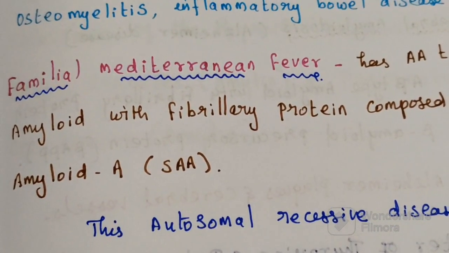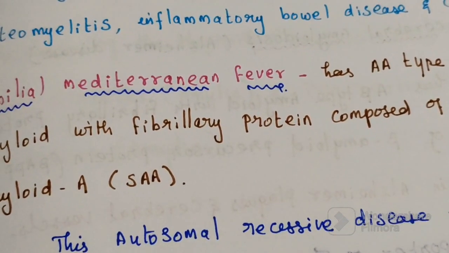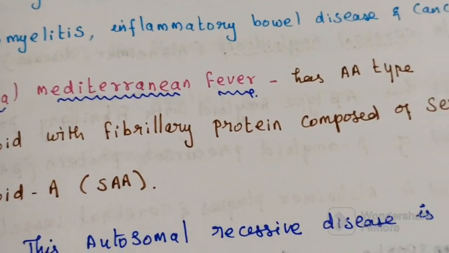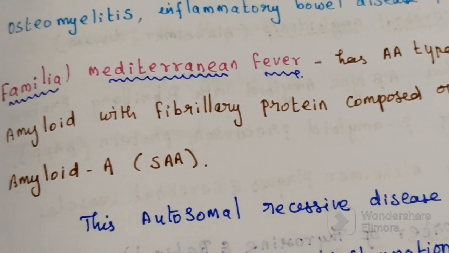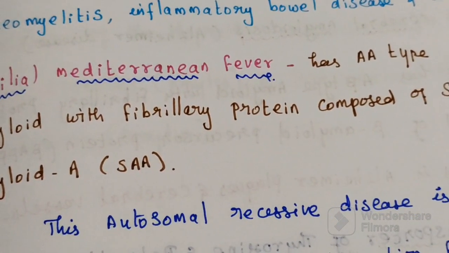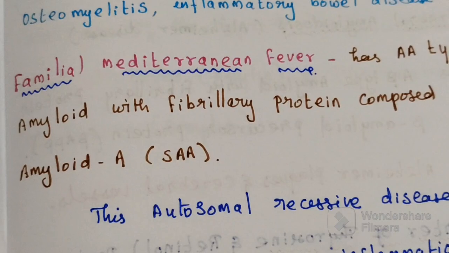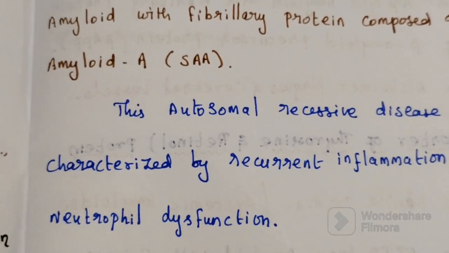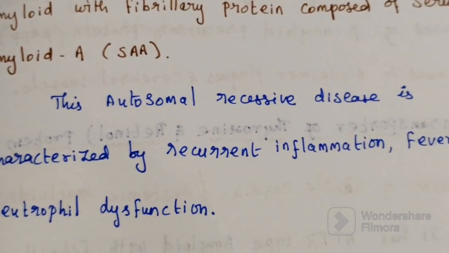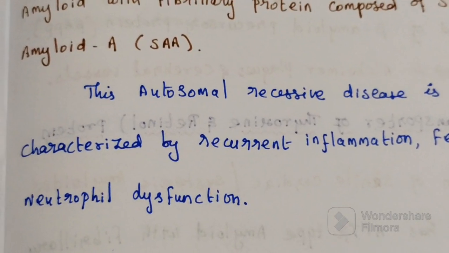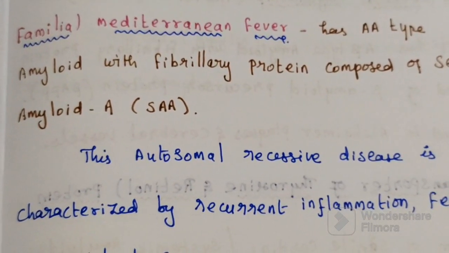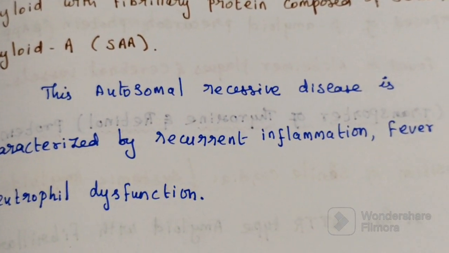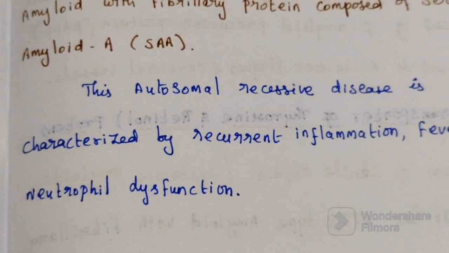This is amyloid with fibrillary protein composed of serum amyloid A. This one is an autosomal recessive disease characterized by recurrent inflammation, fever and neutrophil dysfunction.